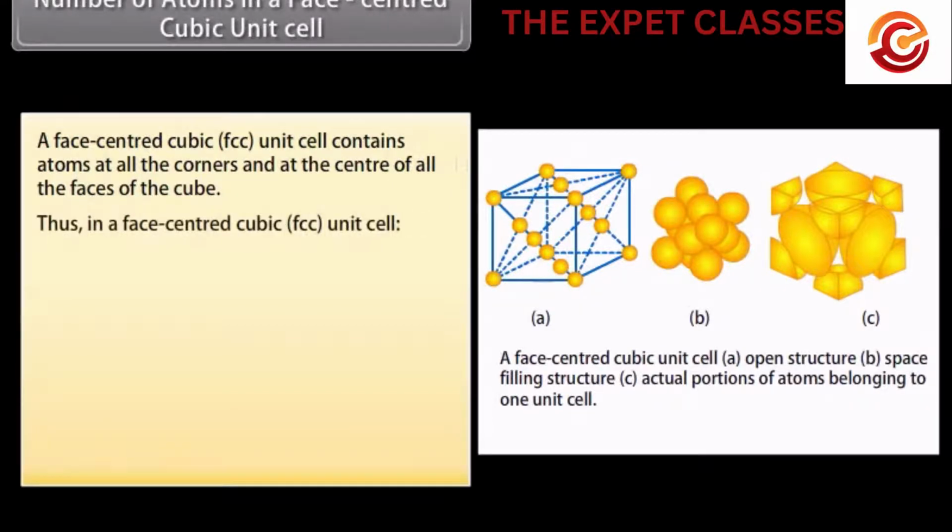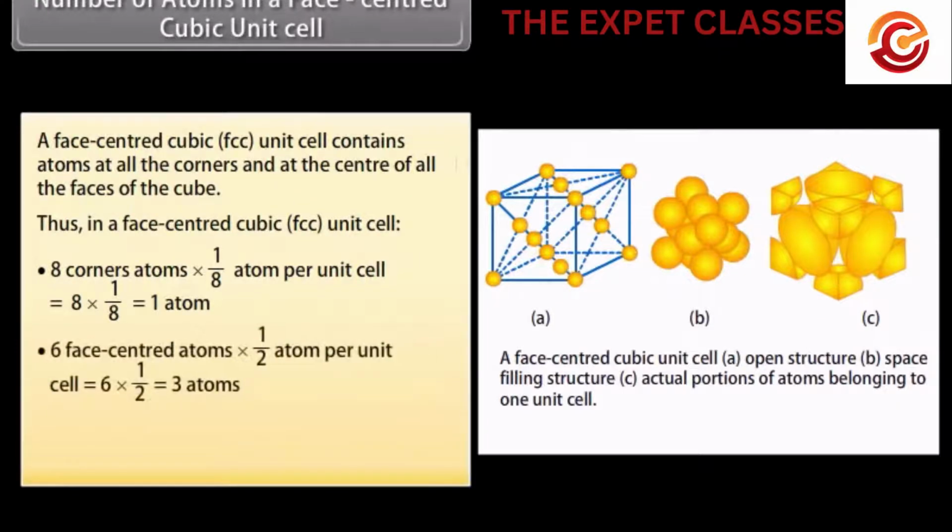Thus, 8 corner atoms into 1 upon 8 atom per unit cell equals 1 atom. 6 face-centered atoms into 1 upon 2 atom per unit cell equals 3 atoms. Therefore, total number of atoms per unit cell is equal to 4 atoms.